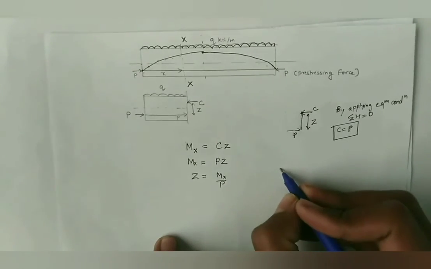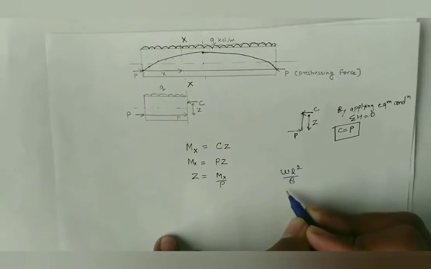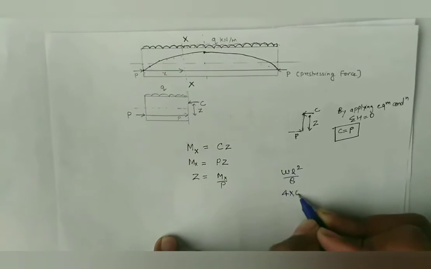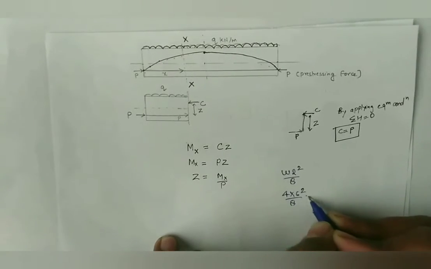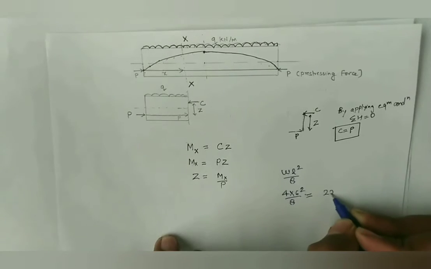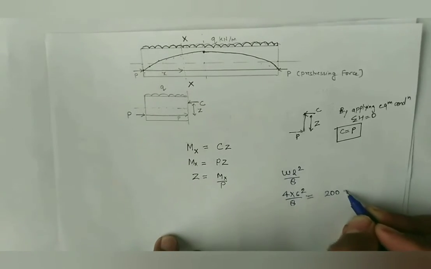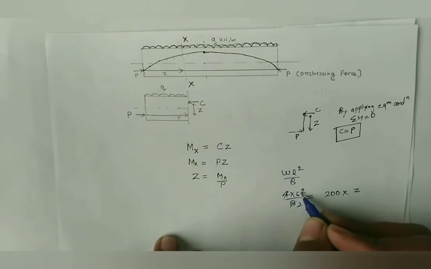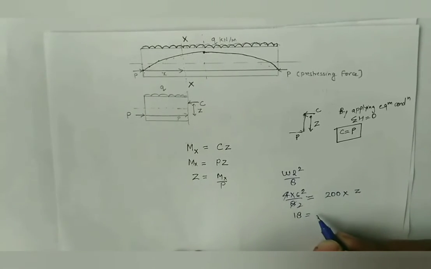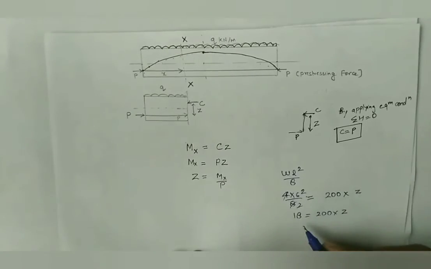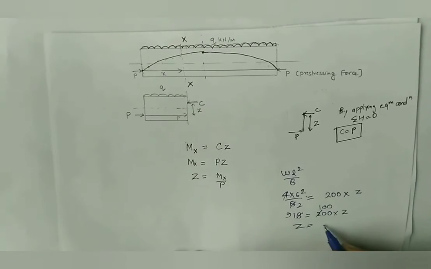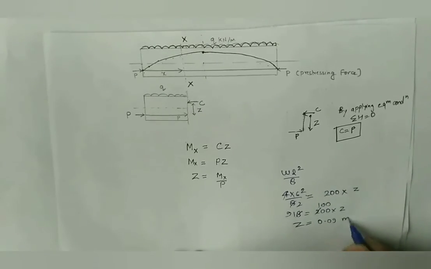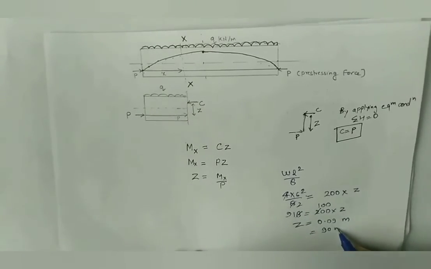Mx we have calculated as WL square by 8, which is 4 into 6 square upon 8, equal to C into Z. C is given as 200 kN, and we will calculate Z. So 18 is equal to 200 into Z. Z will be equal to 0.09 meter, which is also equal to 90 mm.